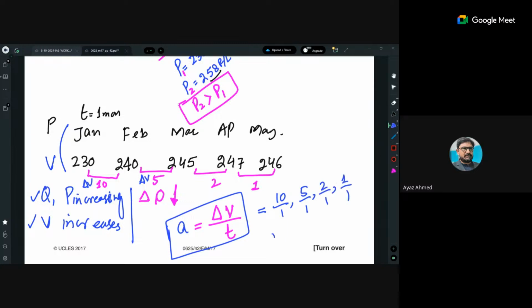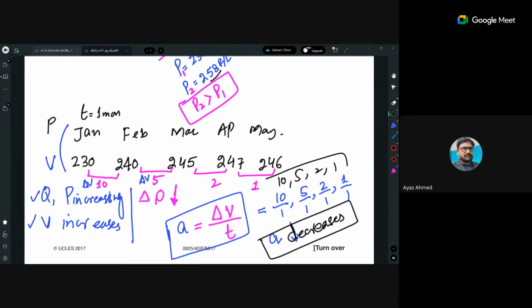Is the acceleration decreasing or increasing? Decreasing. 10 by 1 is 10, 5 by 1 is 5, 2 by 1 is 2, 1 by 1 is 1. So is it increasing or decreasing? Decreasing.